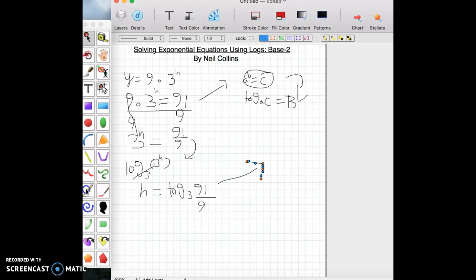This equation is going to look like log base a of c equals log base x of c. So let's go ahead and fill that in.